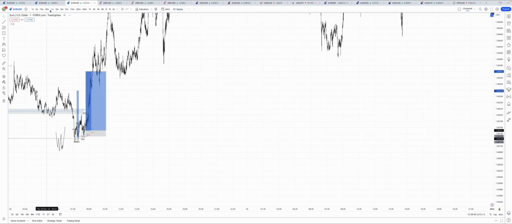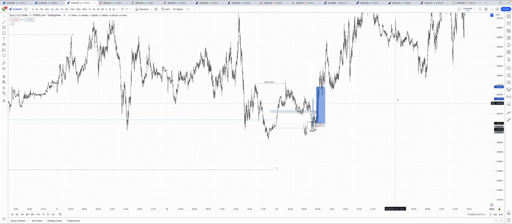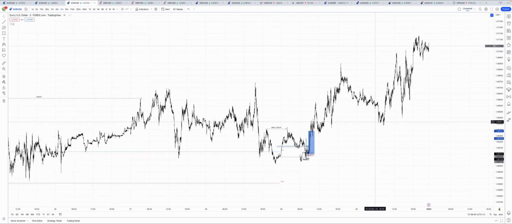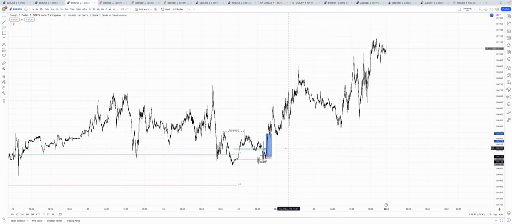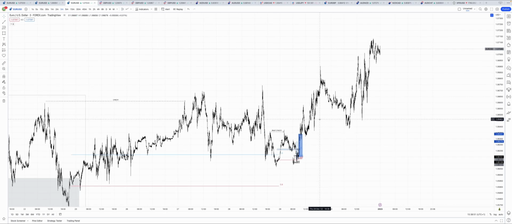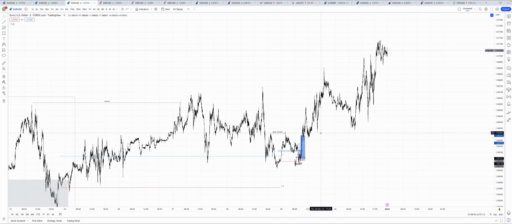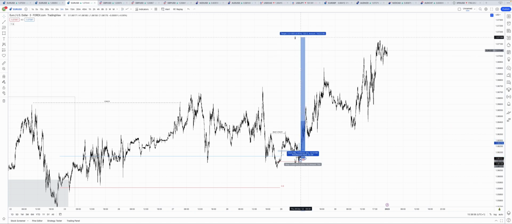But there was a lot more potential. I like to take the trades to about 1 to 10, maybe 1 to 20, but you don't need more than a 1 to 10. Some people may like to take 1 to 50 trades, and it is possible, as you can see.